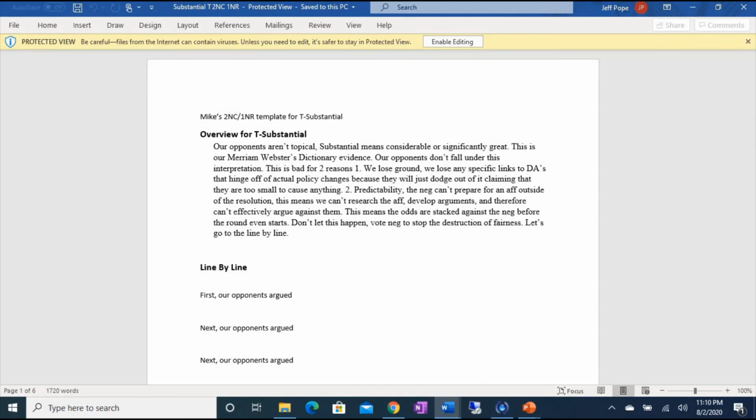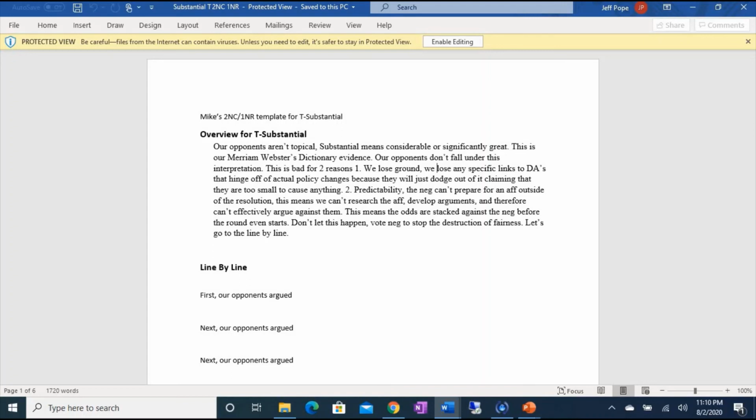Now, what this overview could do better is explaining why the affirmative plan doesn't fit within the meaning of substantial. There's a good job of explaining the definition, but there isn't a great job of explaining why it fits within the word or doesn't fit within the word substantial. But it does a lot of other things really, really well.